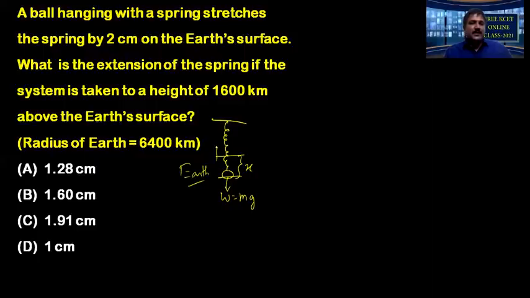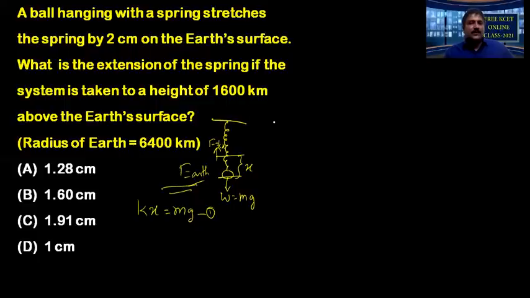In the meantime, there is a spring force produced, which is acting in the upward direction. So F equal to kx. That balances W equal to mg. Therefore, on the Earth's surface we can write kx equal to mg. This is the first case.